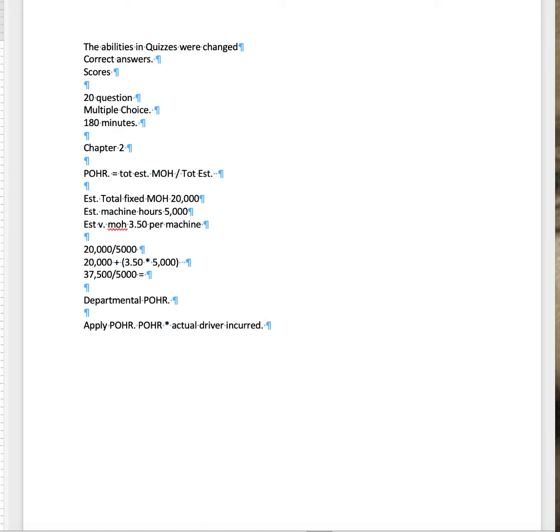The actual direct labor hours that were incurred on the job were maybe 100. So we multiply the predetermined overhead rate, 22, by those actual job hours, okay? So again, you got to know how to apply the predetermined overhead rate, okay? By the way, real quick, there's only 5 questions per chapter. So that's how we got a total of 20 questions.